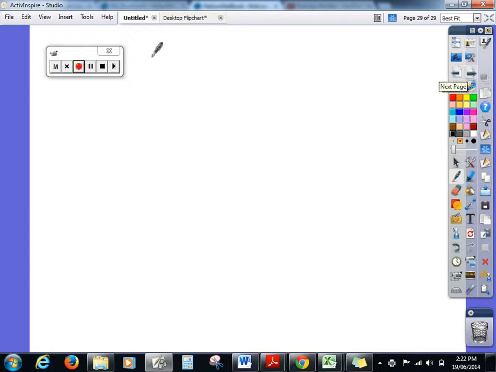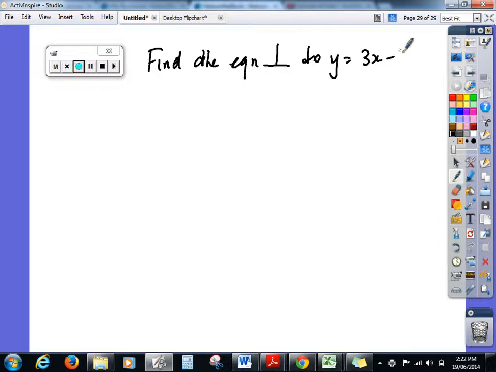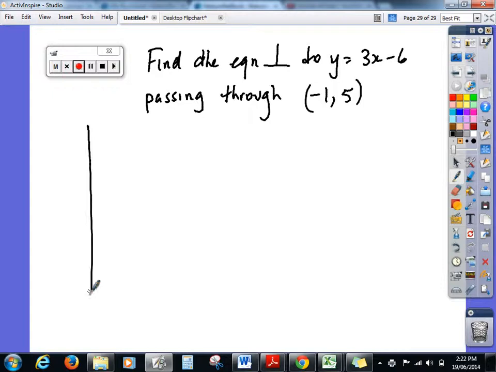If I want to find the equation which is perpendicular to y equals 3x minus 6, but also passes through negative 1, 5. So let's look at a diagram of that. 3x minus 6 is a steep line going through minus 6. And we want a line which is perpendicular to this, so it's going to be at right angles. Okay?